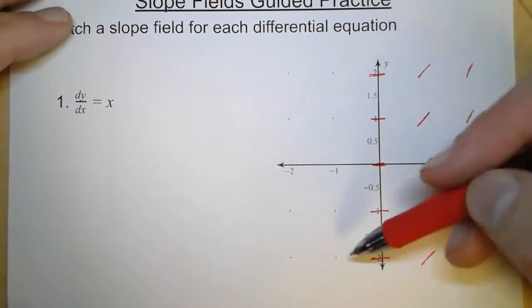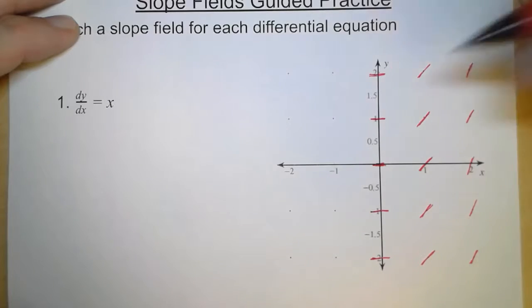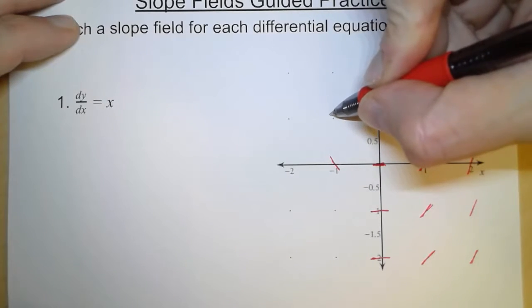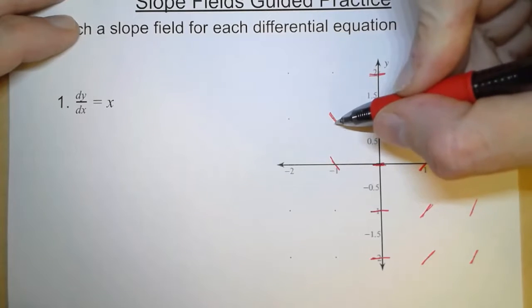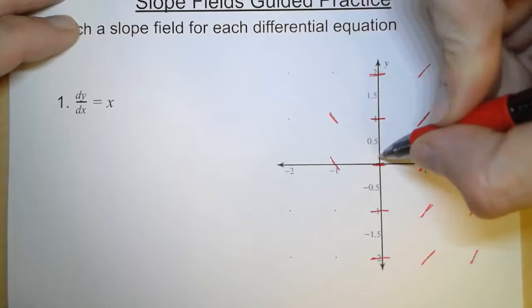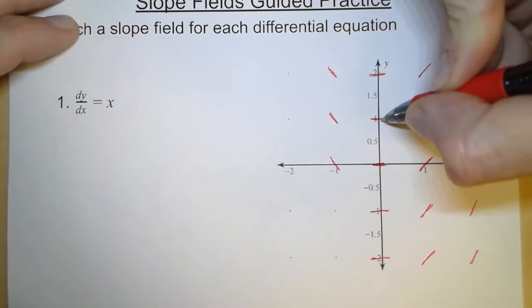Now if we go over to here, we have an x value of negative 1. So now we're going to have a slope that looks like that. And since the slope is negative 1, we go down 1 and over 1. So that means this little slope line is pointed at the origin. This little slope line is pointed here.